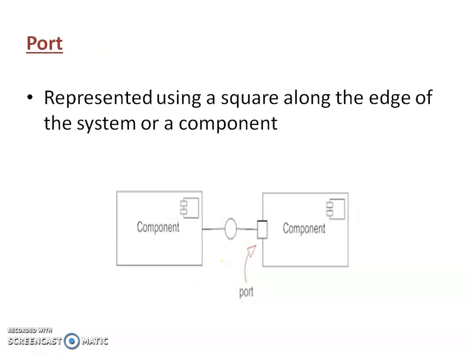And a port is represented by a square along the edge of the system or the edge of a component. This port is represented here for this component, and it is connected through an interface to the second component.